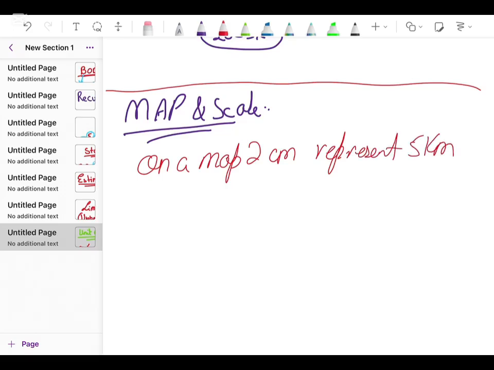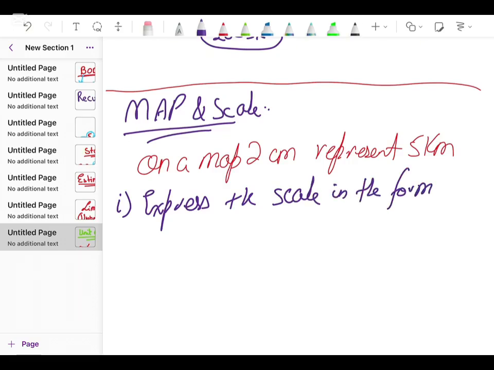For example, the question is this, and the first part, they ask to express the scale in the form of 1:n. Now the question is we have to express this scale in 1:n. So how can we solve this one?